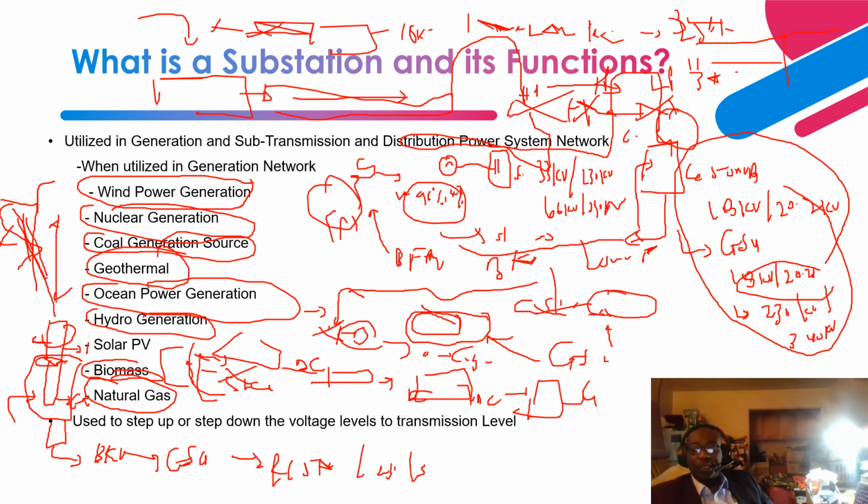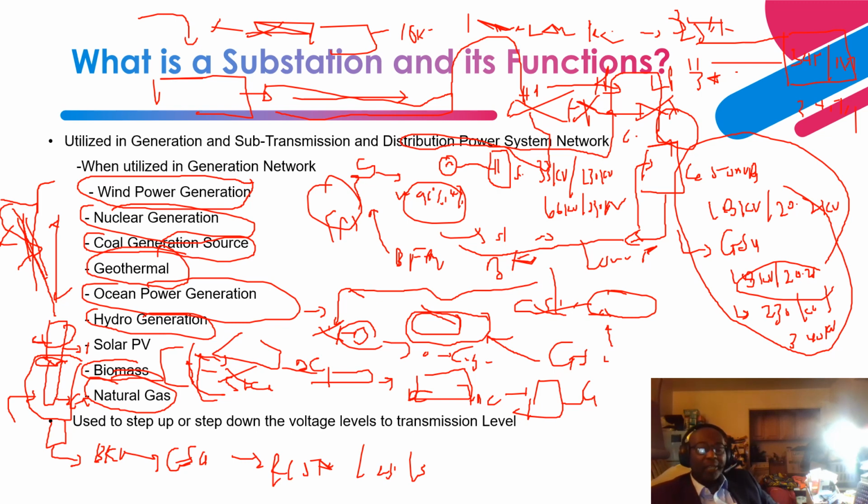There is a substation right here where you achieve a step down. So this substation will step it down from, let's say, 345 kV to 115 kV, or 345 kV to 69 kV, right? So that is when a substation steps down the voltage.